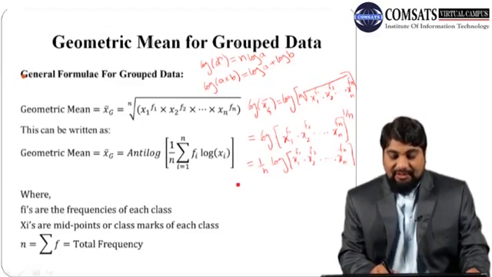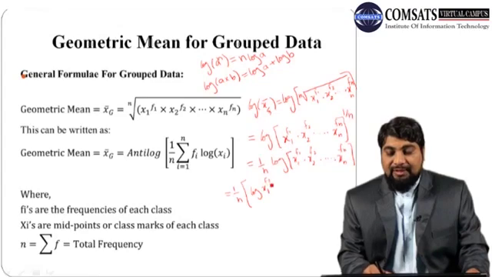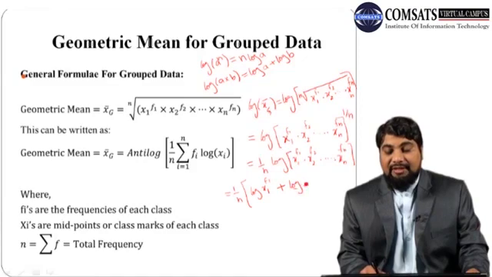So here, in order to further simplify this expression, write this 1 over n as it is, and now take log of each term x1 power f1, and then use the plus sign, and then log of x2 raised to power f2, and so on, and last term is log of xn raised to power fn.